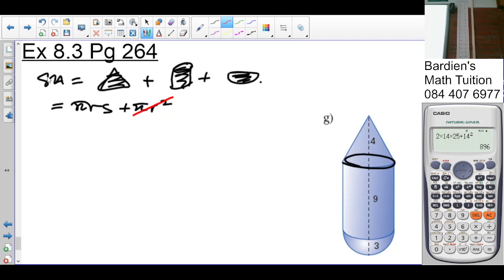Okay. Then we have a cylinder. The total surface area of the cylinder is perimeter of base is 2 pi r times the depth of the object, that gives you the body of the shape, plus twice area of base, which is pi r squared. Is that circular part exposed? No. So you take it also.